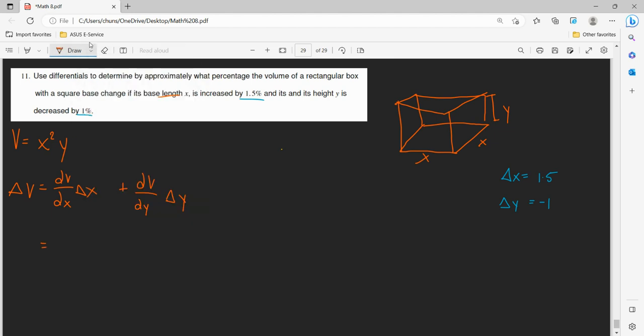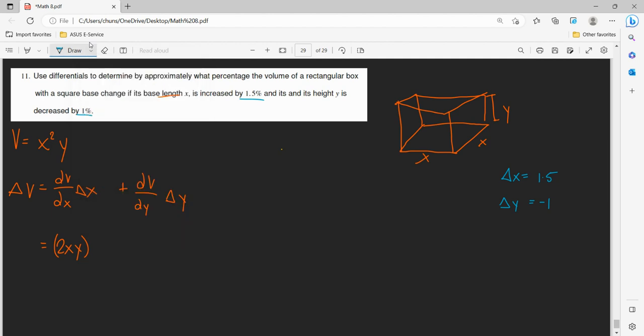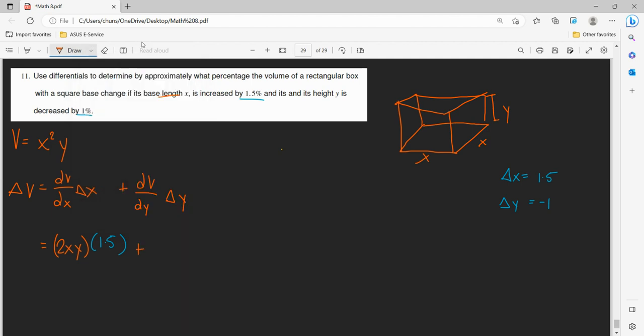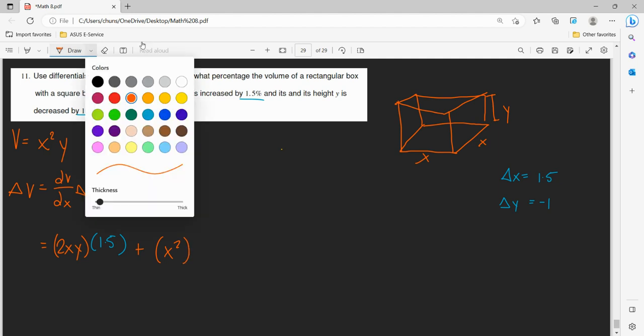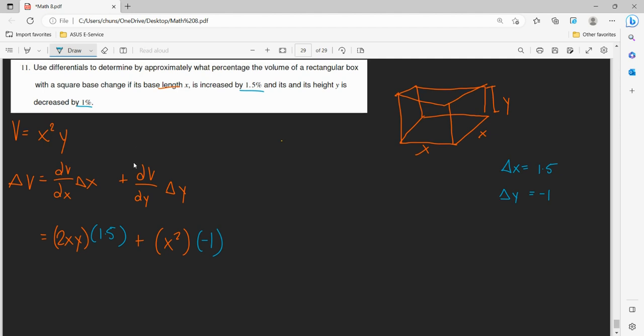So if we were to write this out, with respect to x this is 2xy, and our delta x is 1.5, and this is plus x squared, now that we do it with respect to y, times negative 1%.